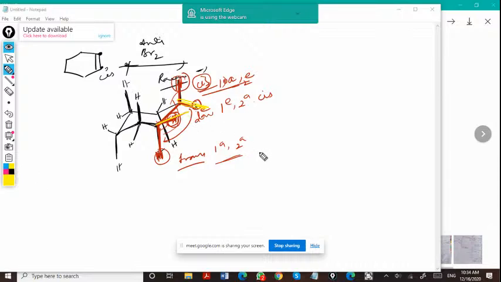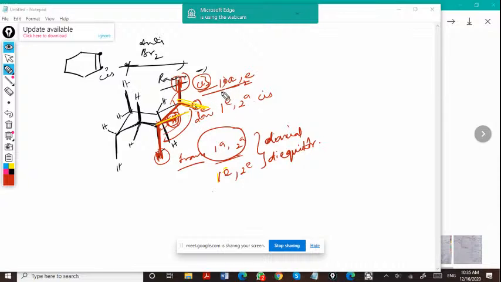When they are opposite, they are said to be trans. So first equatorial and second also equatorial, these are the arrangements for trans. For trans at the 1,2 position, it must be diaxial or diequatorial.